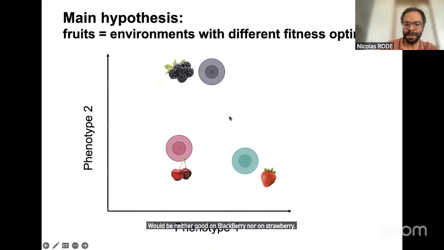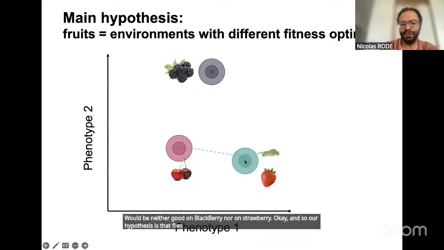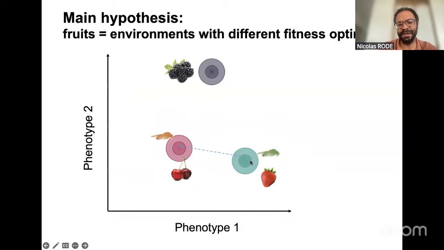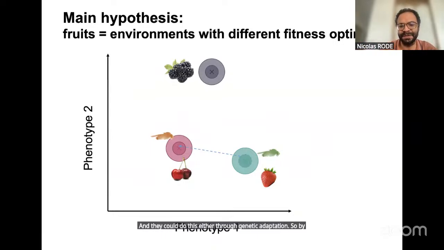Okay, and so our hypothesis is that flies need to move from one fruit to the next throughout the season, and so they need to move from one fitness optimum to the next. And they could do this either through genetic adaptation, so by change in allele frequencies, or through adaptive phenotypic plasticity.